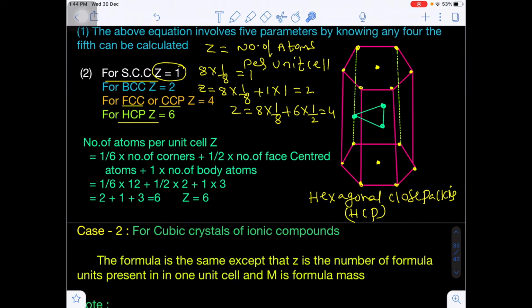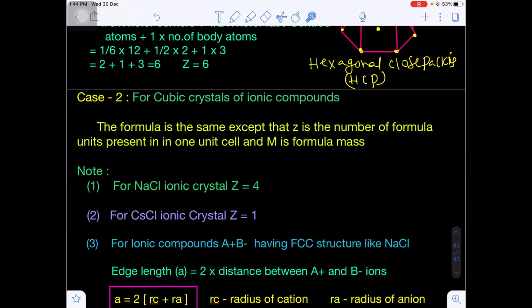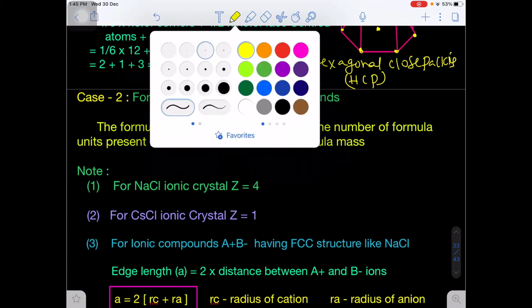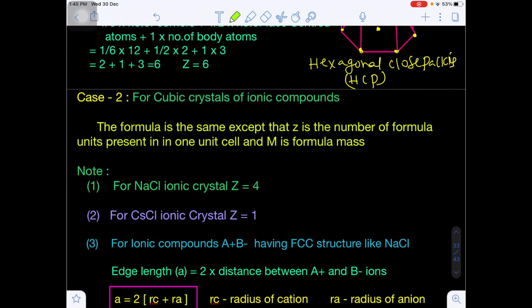Okay, now the second case: suppose the crystal is made of constituent particles, namely cation and anion, that means an ionic crystal. In an ionic crystal only oppositely charged ions will be present. In that situation the density calculation formula will be as usual except for the Z value.